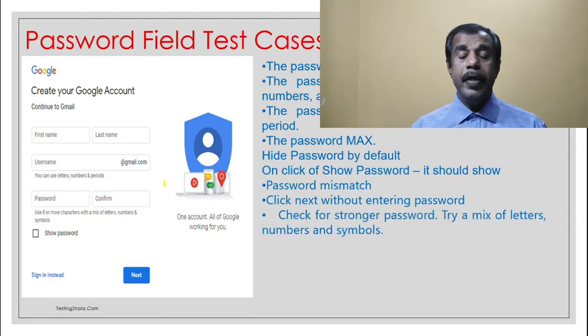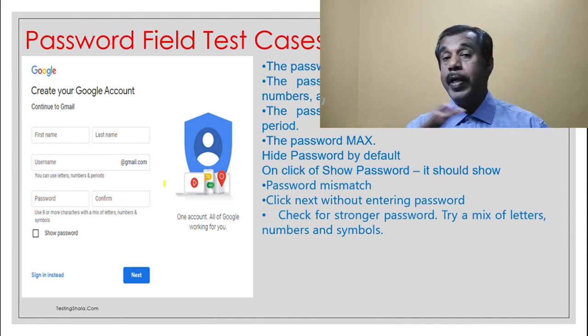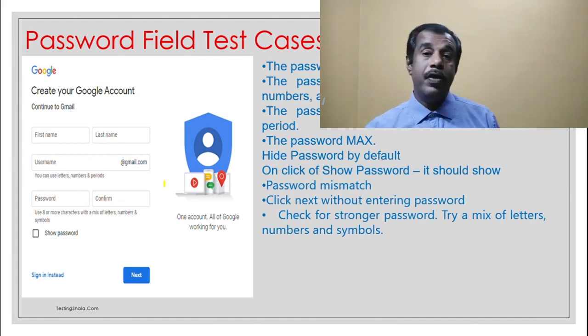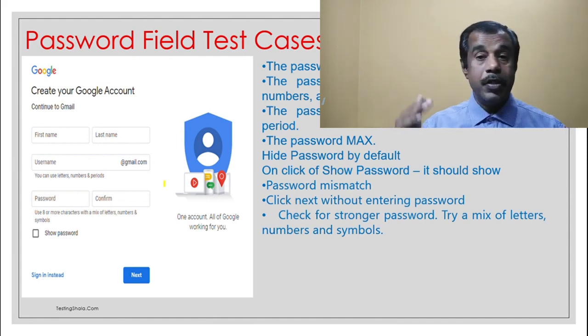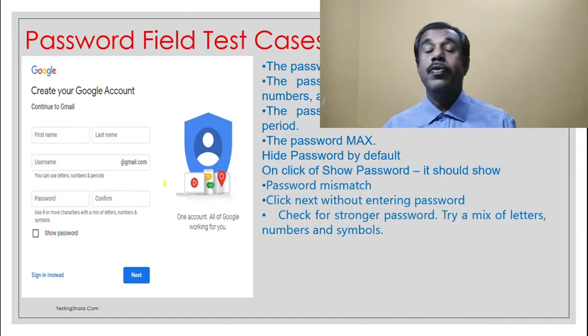Then you should also validate, because these days they are looking for your password to be strong enough, meaning you should be able to put various combinations of characters, numbers and symbols that make your password very strong. You should validate all possible combinations so that nobody can identify your password.